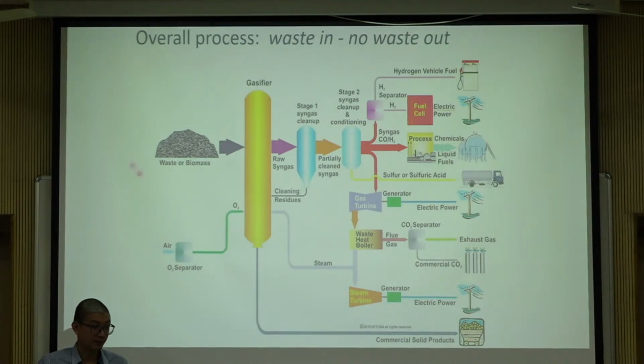Sometimes we can use heated steam, which is H2O, to produce the hydrogen from the H there. Then we have the raw syngas, then a first stage of cleanup or purification, then a second stage, then we can get the hydrogen. Then some CO or other types of syngas can be produced as well.